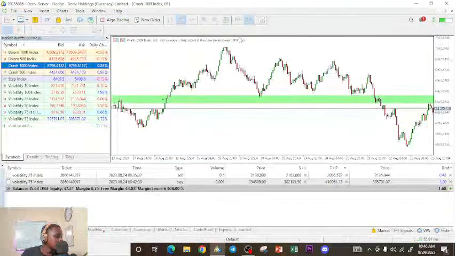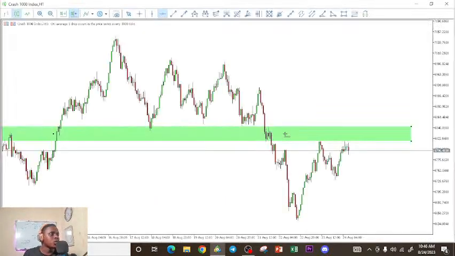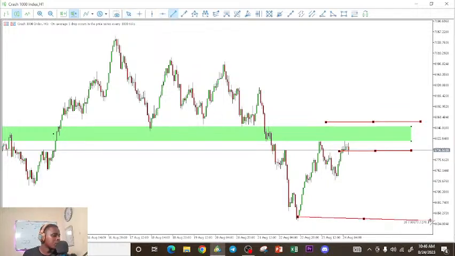If I wasn't in these 2 trades right here, I could have placed a sell order right now on Crash 1000. So my Crash 1000 order would look like this. Sell it here. Your stop loss above this zone, and your take profit on this zone right here.